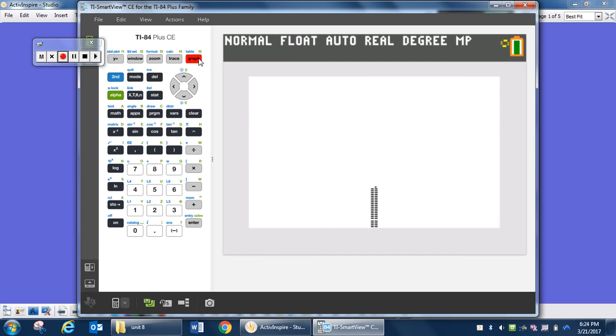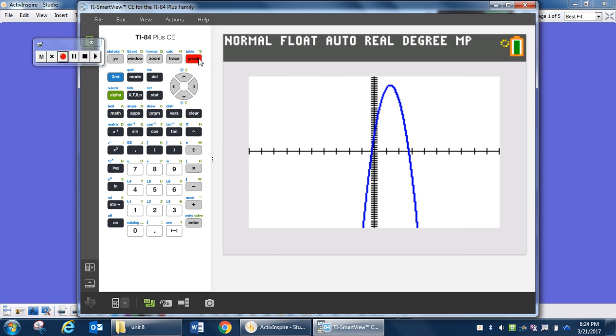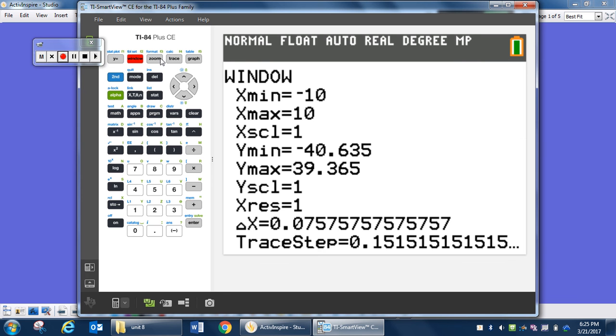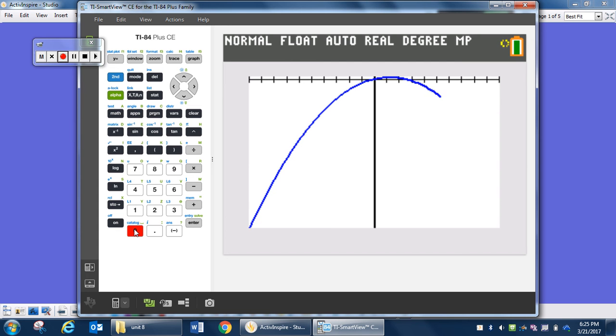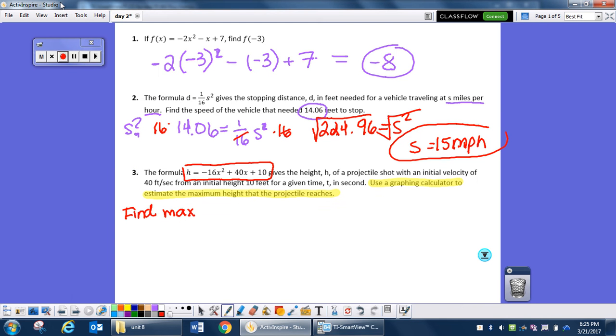Okay, and if you hit graph, hopefully you can see this nice function. If you don't get that, you could go to zoom fit, which is zoom 0, and that'll also give you the nice up close function. So again, if it doesn't show it, just go to zoom fit, and that will get the graph on your screen. So zoom and then the fit button.